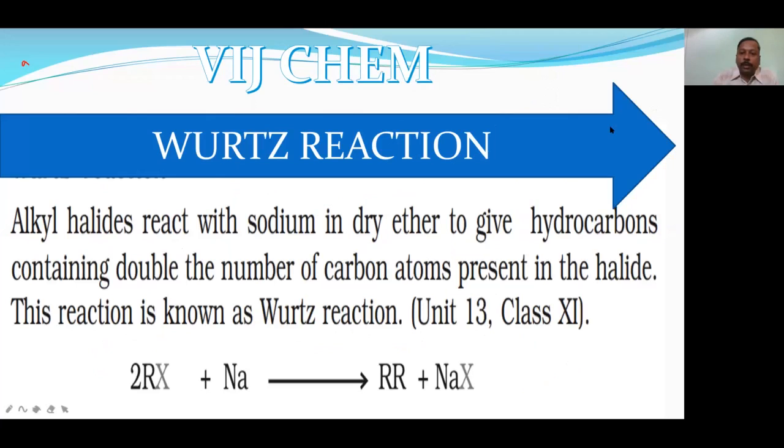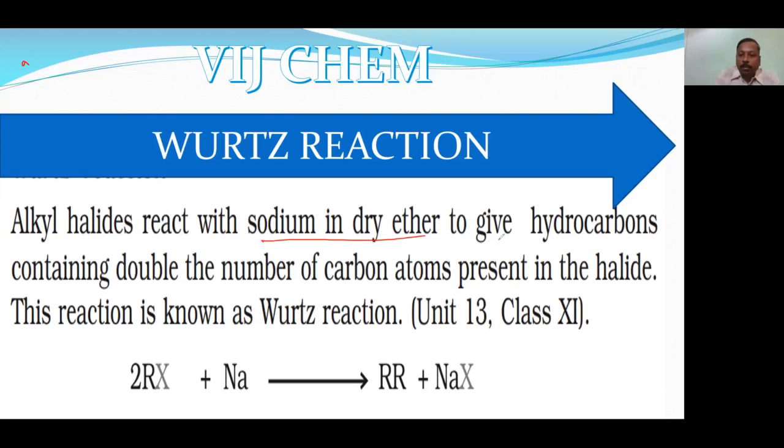The simple technique: wherever you find that the number of carbon atoms in the product is double that of the reactant, that reaction will be done by the Wurtz reaction. Okay. So here, in the Wurtz reaction, alkyl halide reacts with sodium in dry ether.